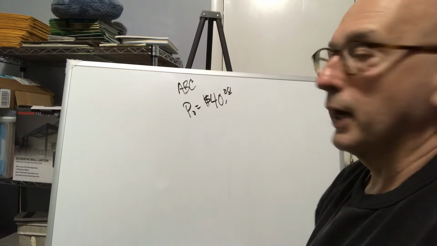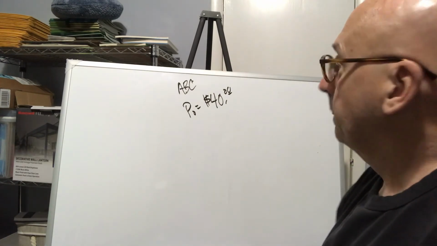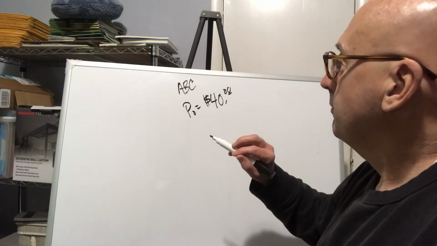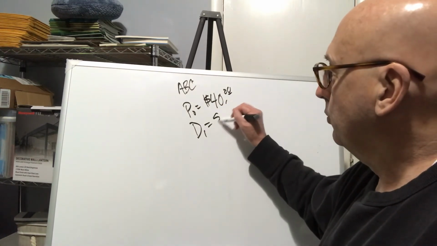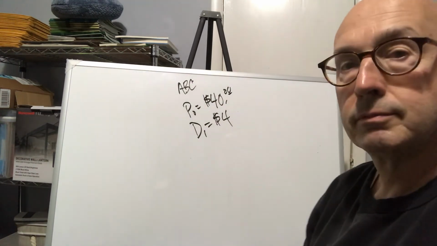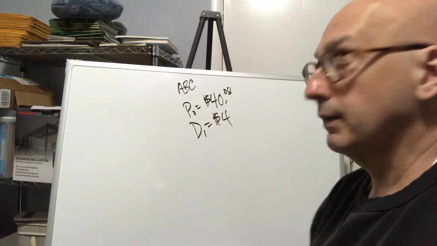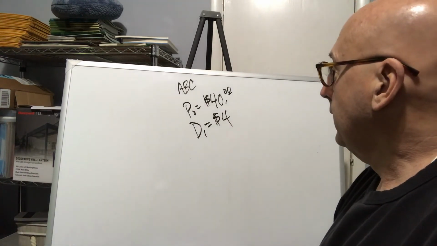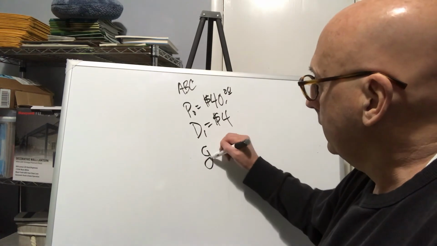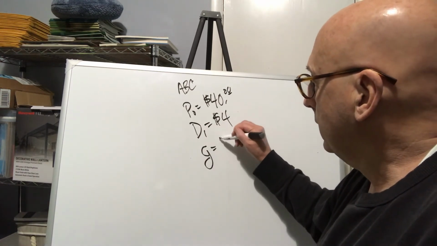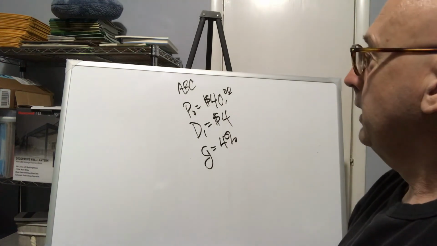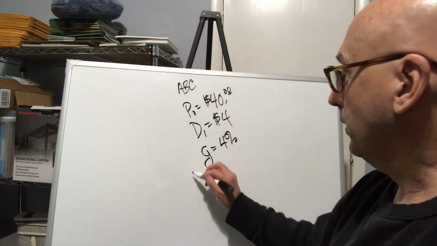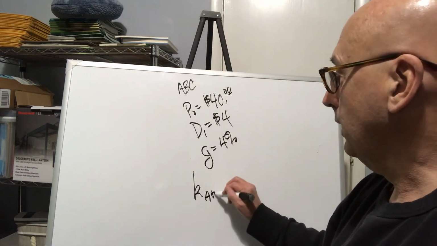$40 per share. Okay? And people are expecting its dividend next year to be $4. Okay, $4 expected dividend. And we think that the growth rate in that dividend is going to be 4%. And you want to know what's the required rate of return on ABC.